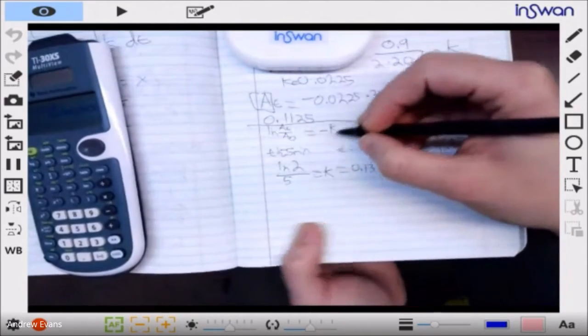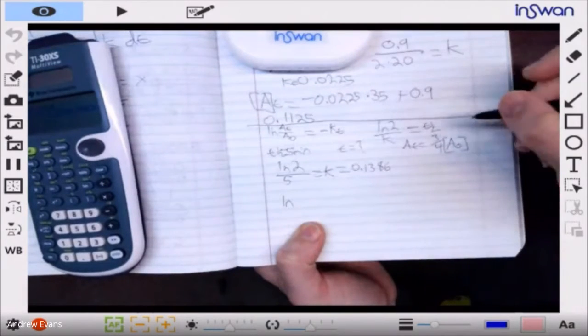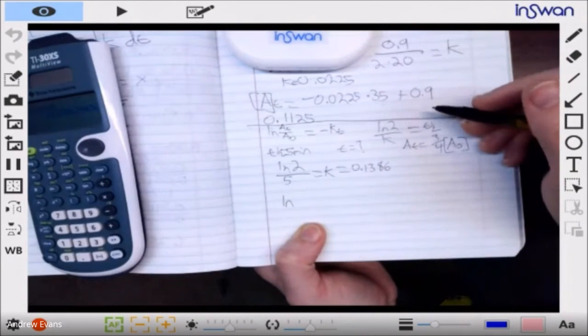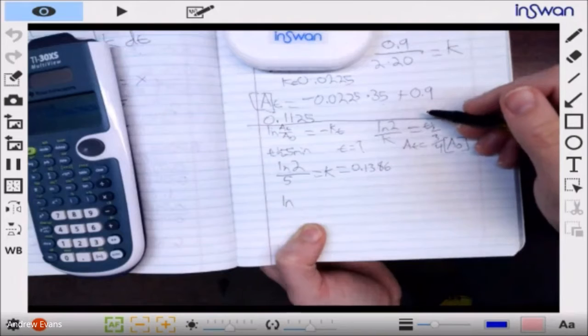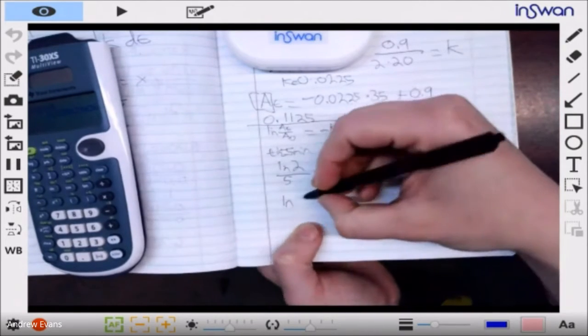Now I'm going to solve this. So ln, because A sub 0 is not given, but we want to get to 3/4 of A sub 0 remaining.